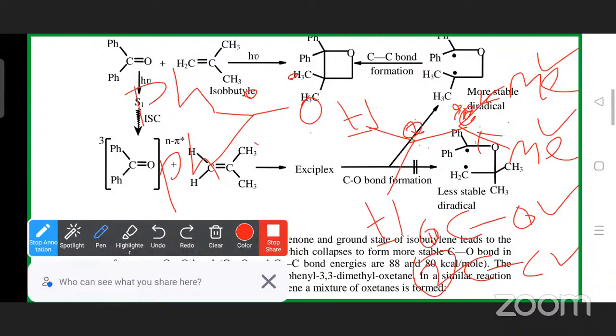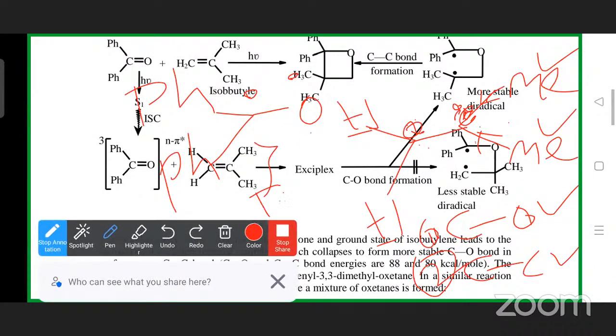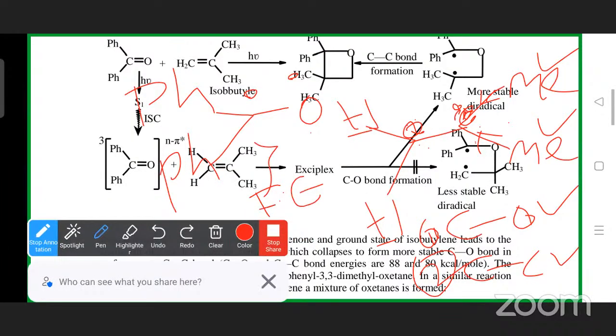Okay, the methyl groups are plus I groups, plus inductive effect groups here. So after formation of this radical, it gains electron density from the methyl groups, and it becomes stable.